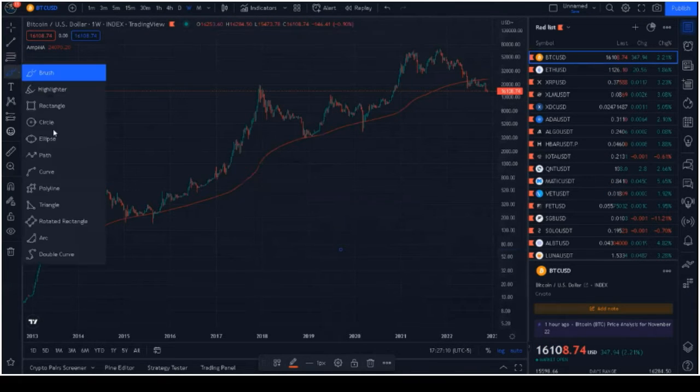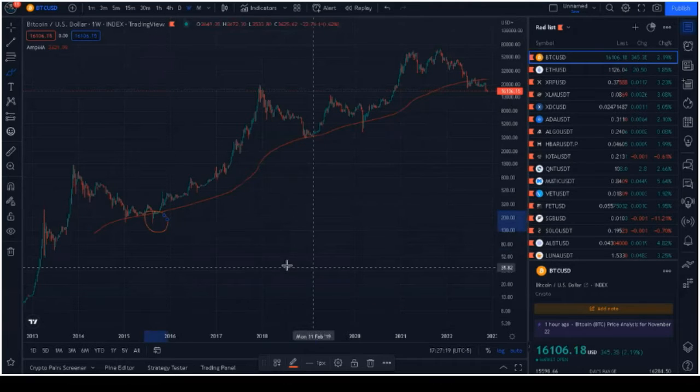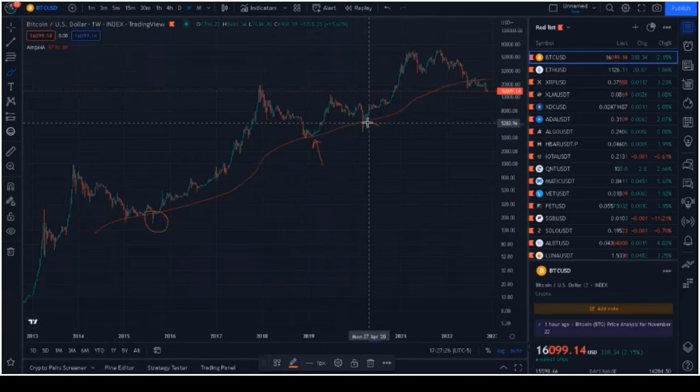I want to circle the times that we've dipped under the 200. We've dipped under the 200 here. We've touched the 200 here. We've dipped under here, and all of these are small little dips.